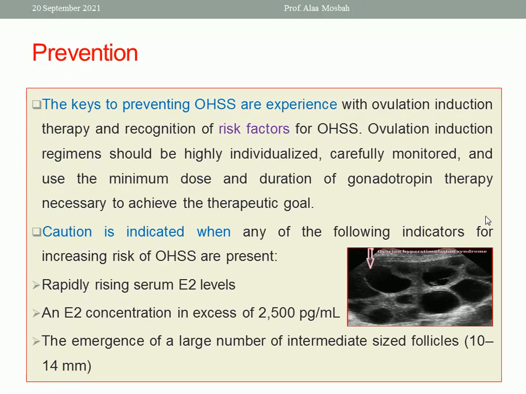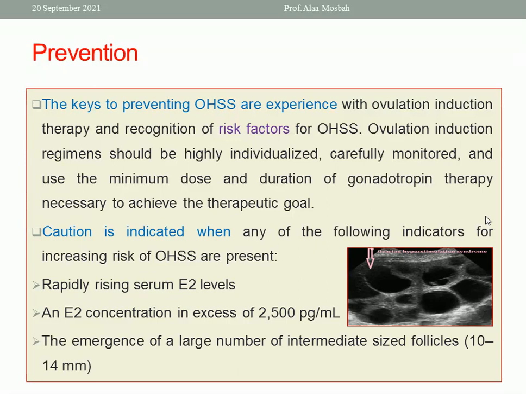Carefully monitor and use the minimum dose and duration of gonadotropin therapy necessary to achieve the therapeutic goal. So you have a target to reach stimulation of the ovary. Try it with the smallest dose and shortest duration.